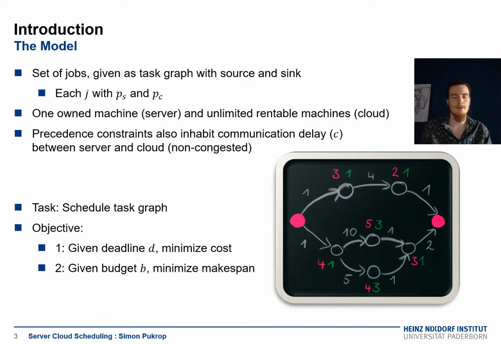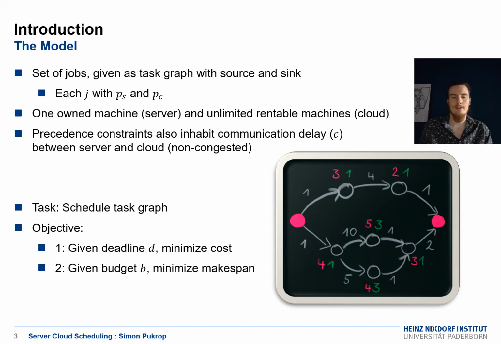To go into a bit more detail on the model, of course, we have a scheduling problem. We have a set of jobs, which is given as a task graph with a singular source and a singular sink. Each job has processing time PS on the server and PC on the cloud. You have one owned machine, which is the server, and an unlimited number of rentable machines, which is the cloud.